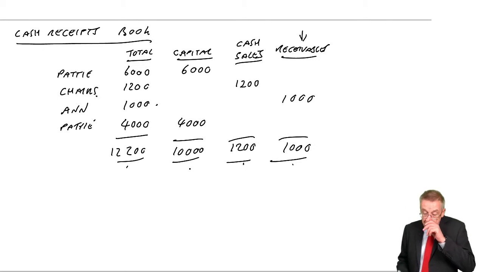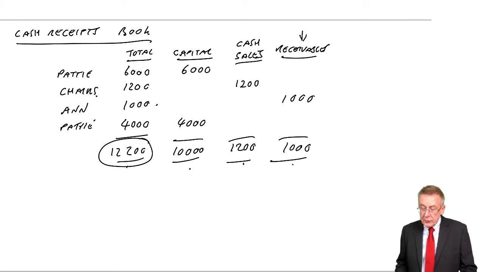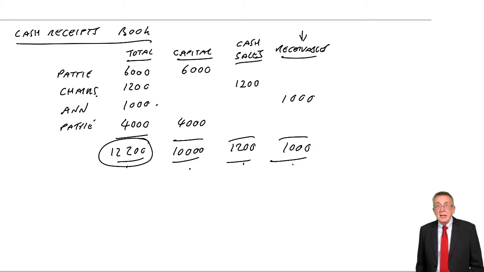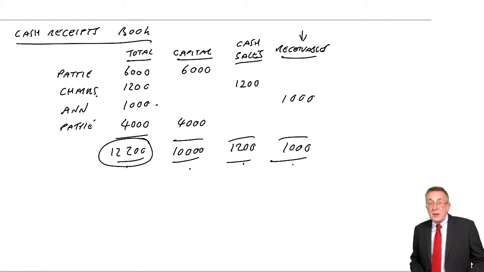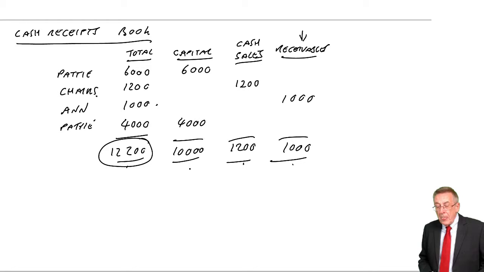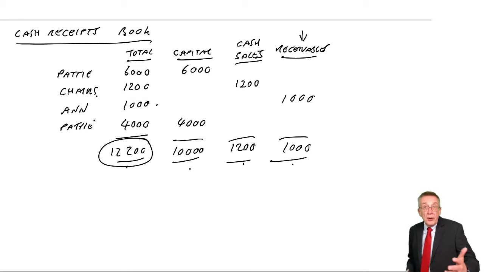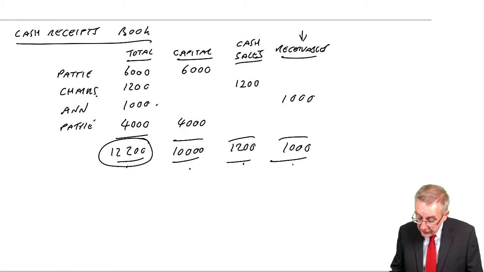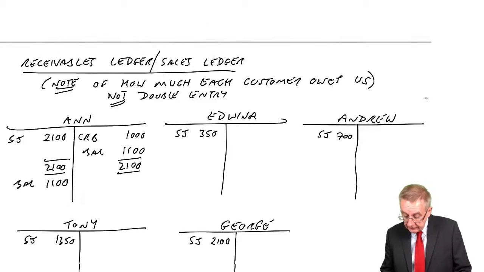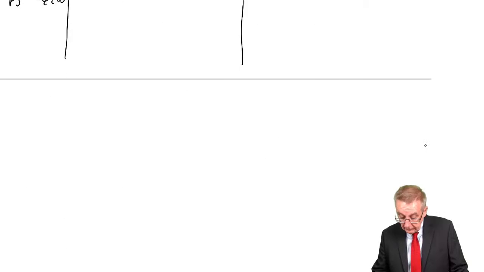And so what we'll do is this. We'll say, well, the total cash received was 12,200, and cash received, we always debit cash. So instead of doing 4 or 4,000 little debits, we'll put one big debit to cash of 12,200.